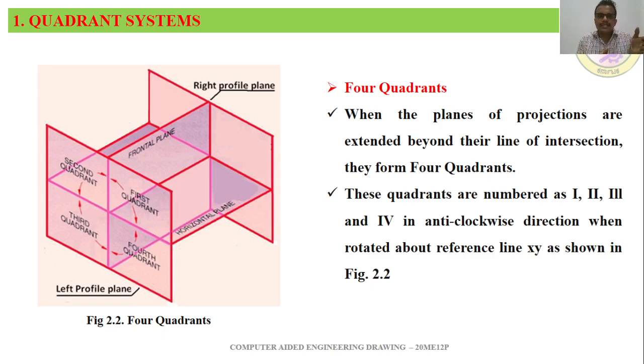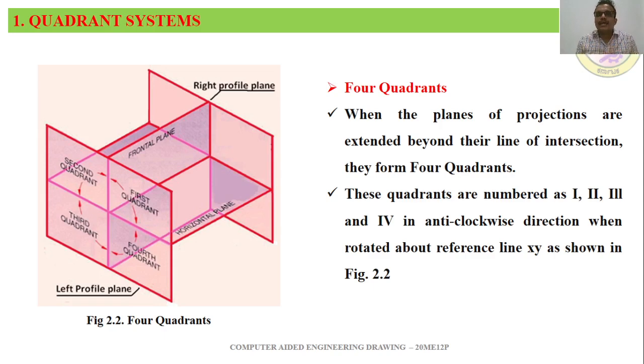This projection plane or principal plane is an imaginary plane. The projection of the object that we get on this projection plane will be transferred to the engineering drawing sheet to make the engineering drawing.